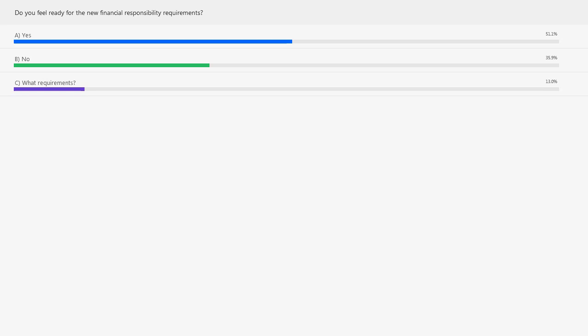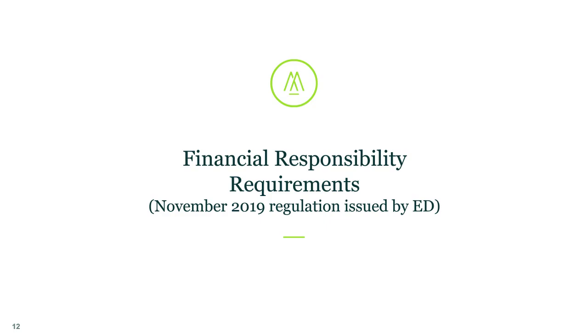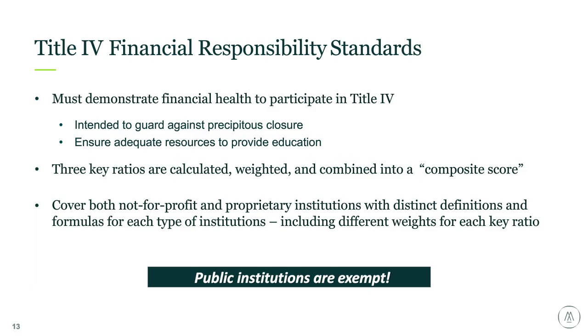For this next section, we will talk about the new financial responsibility requirements. We'll take a deeper dive into the formulas and their impact on the financial statements and disclosures this year. There are 3 key ratios that are calculated, weighted, and combined into a composite score.